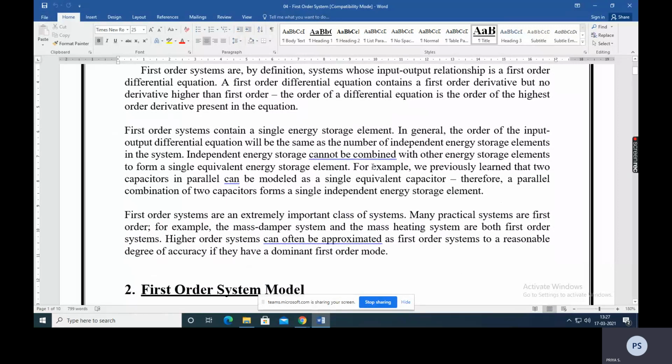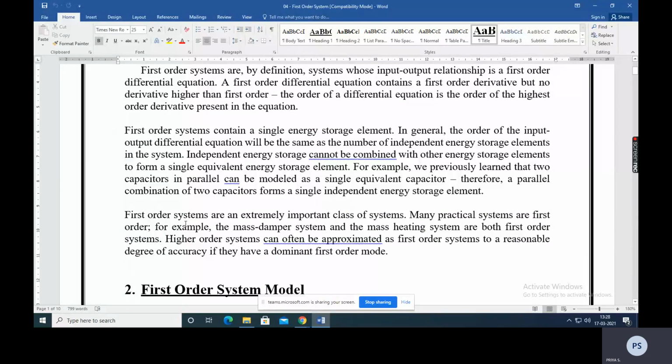Independent energy storage cannot be combined with other energy storage elements to form a single equivalent element. For example, when two capacitors are connected in parallel, they can be modeled as a single equivalent capacitor. Therefore, a parallel combination of two capacitors forms a single independent energy storage element.